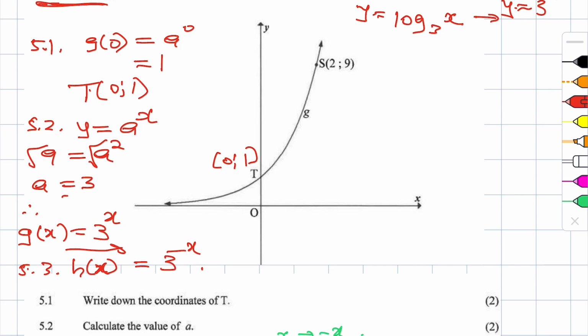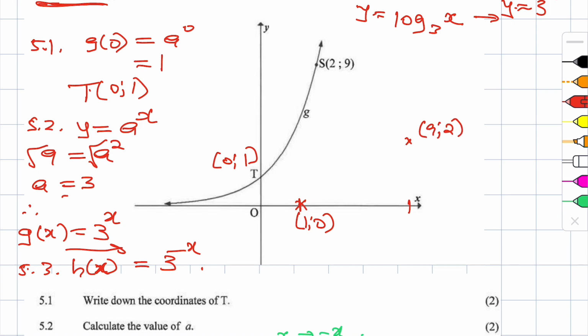So what we're going to do here, we're just going to sketch that inverse, which this point (0, 1) is now going to be (1, 0). And then that point (2, 9) is now going to be (9, 2).